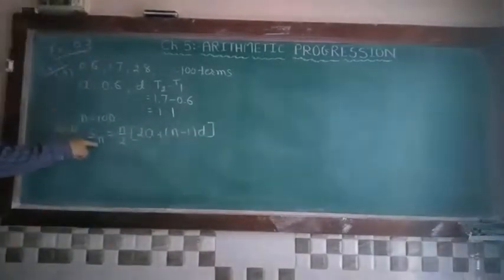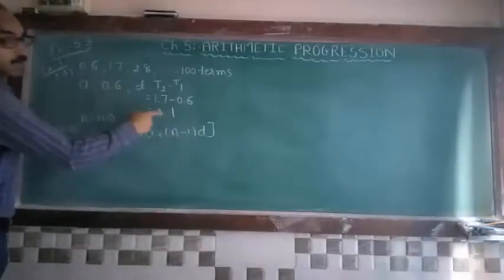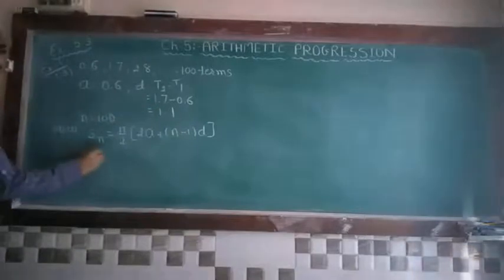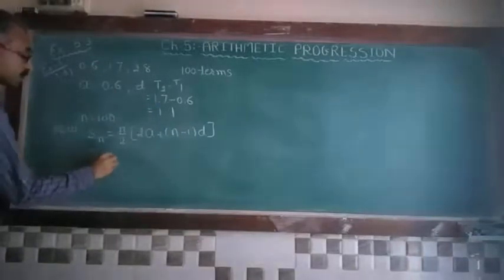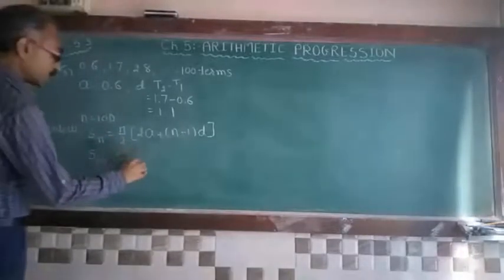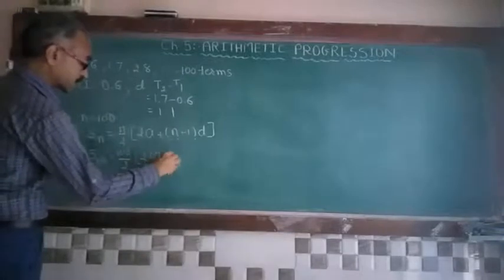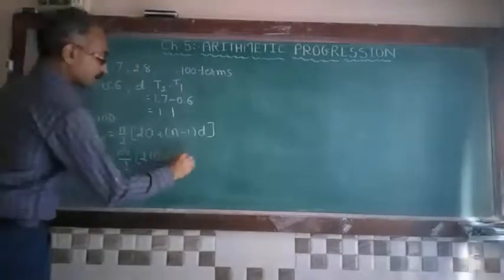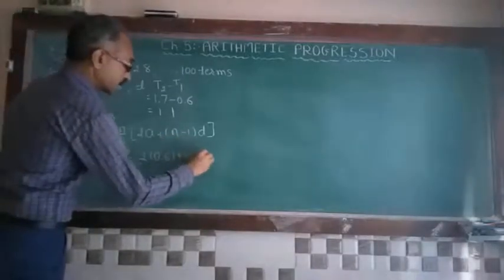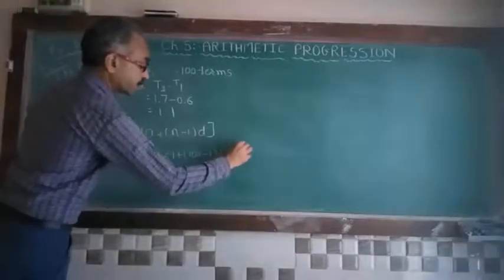Now put wherever n 100. a is your 0.6 and d is your 1.1. So S100 is equal to 100 divided by 2 into 2 times your a is 0.6 plus 100 minus 1 and d is your 1.1.